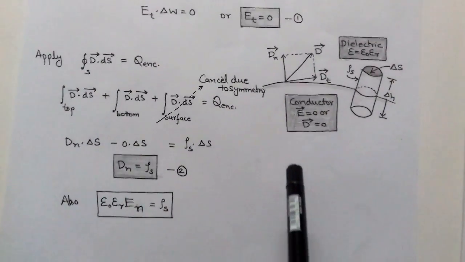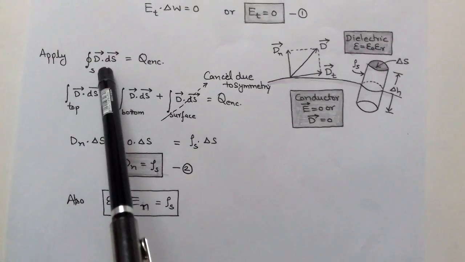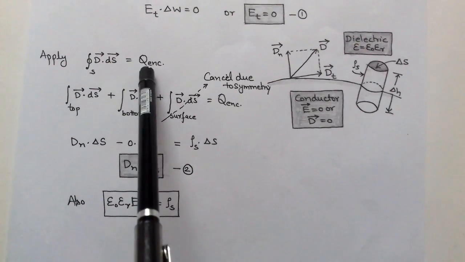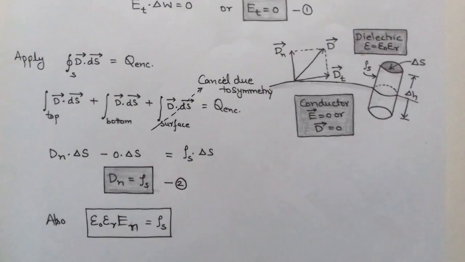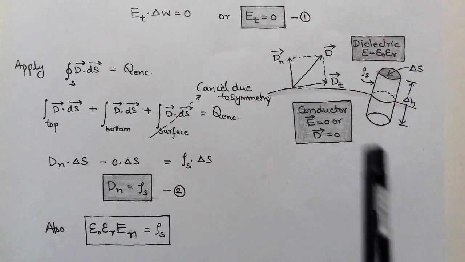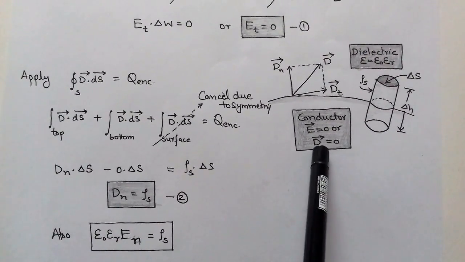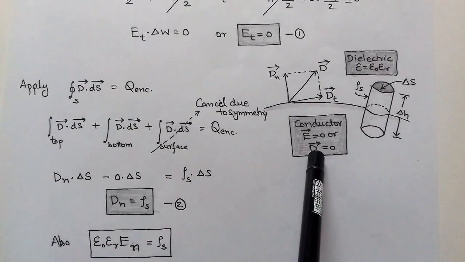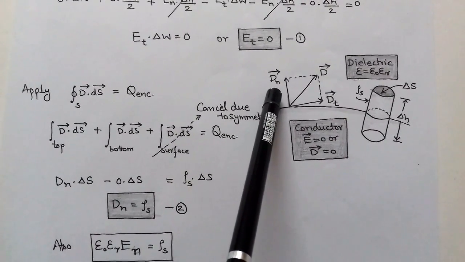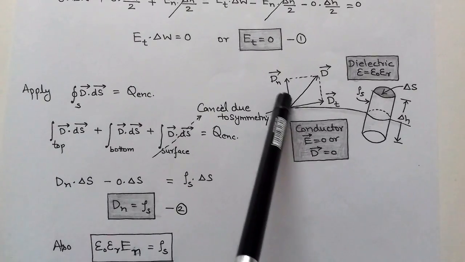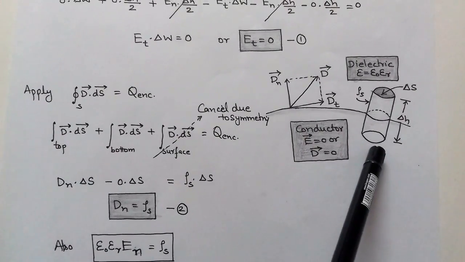Now in case of the second Maxwell equation, that is D dot ds equals to Q enclosed. Similarly, since region 1 is a perfect conductor, electric field E and D are 0, and in region 2 we represent the electric flux density D in terms of tangential and normal components.